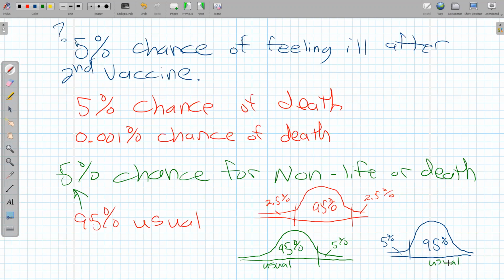Middle, usual. And then that 5% is going to be the unusual stuff, the stuff at the extreme ends. And sometimes we're only worried about unusually high things. Sometimes we're worried about only unusually low things. But other times we're worried about unusually low or unusually high. That's a concern. So here we have two unusual regions.